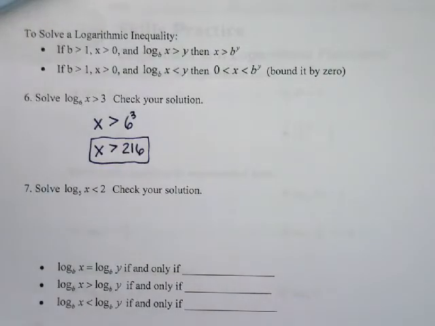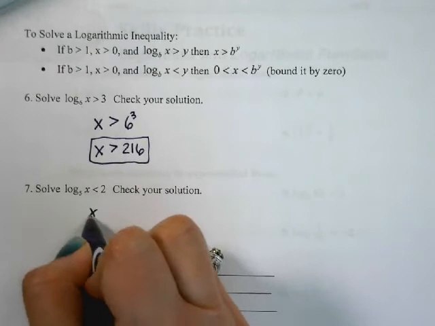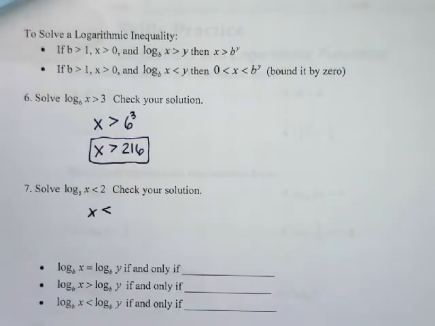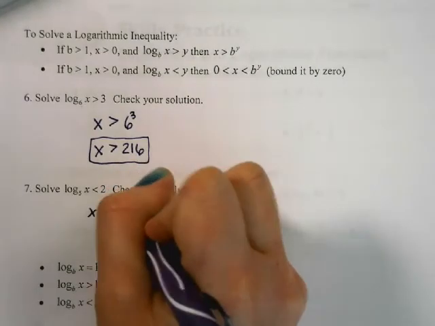But on number 7, it says log base 5 of x is less than 2. Okay, we still are going to do this. We're going to do x. We're going to keep the inequality they gave us and change the forms. x is less than 5 squared.